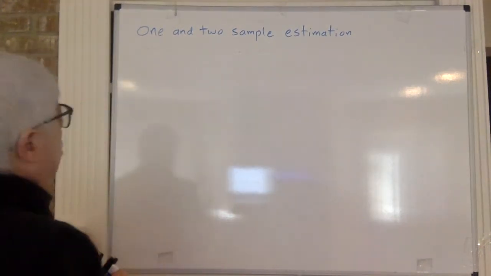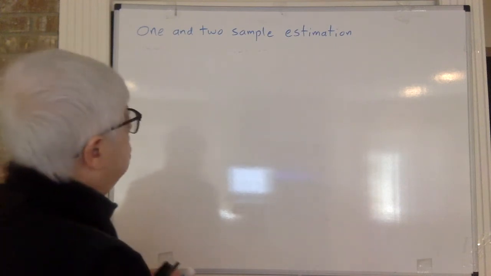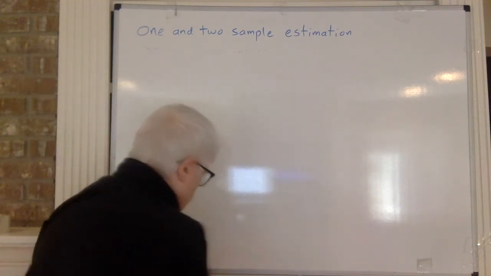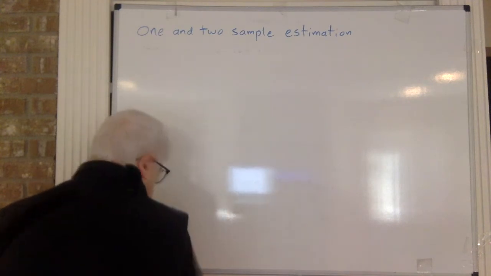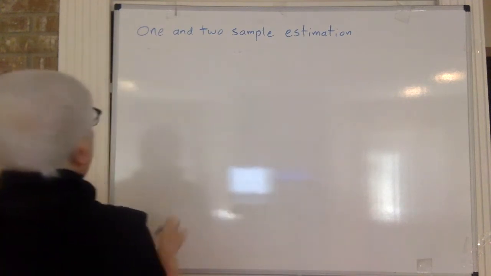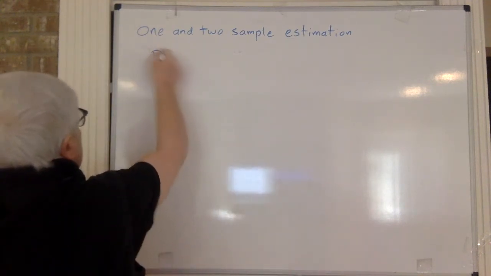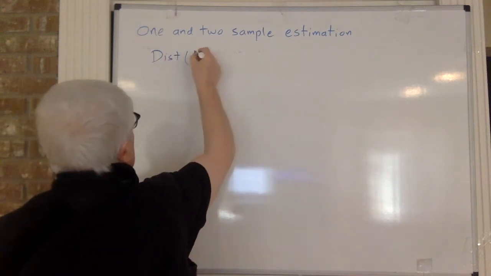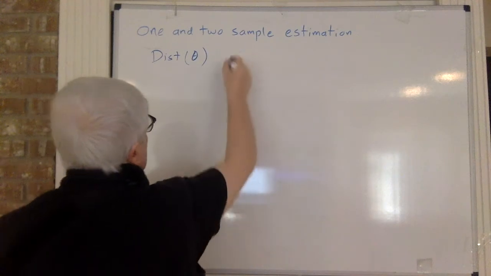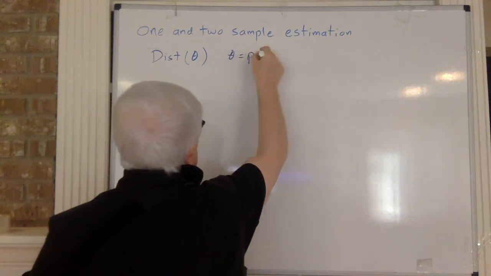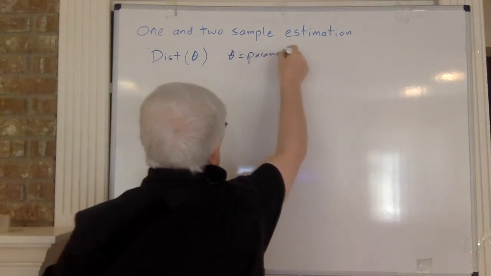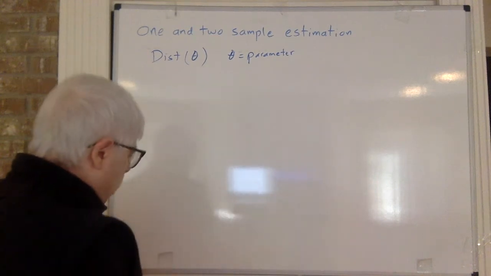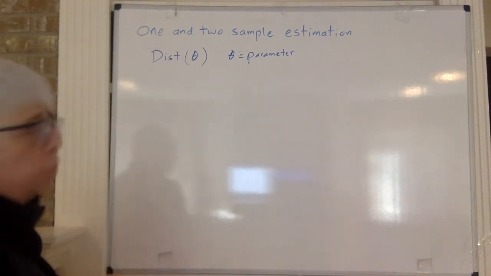Okay, today I start chapter 9, one and two sample estimation. So what is it? We have some distribution, say, and this distribution has maybe one or more than one parameter. So we are assuming that we know the distribution.